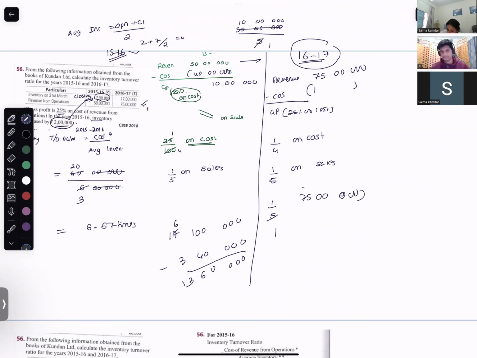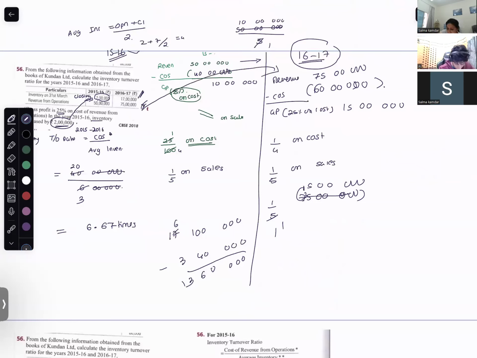That means 5 ones are 5, 5 threes are 15 lakh. So cost of sales will become 60 lakh. I took the figure of inventory instead of the figure of revenue. So now just change my revenue. Please check and do it.